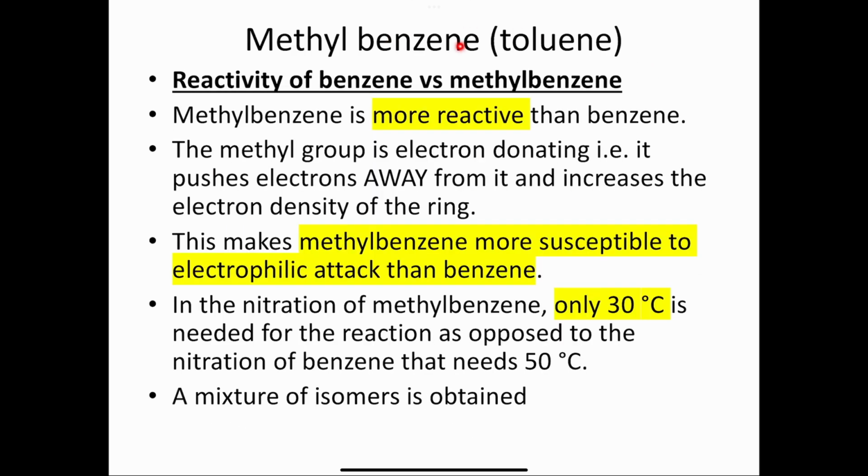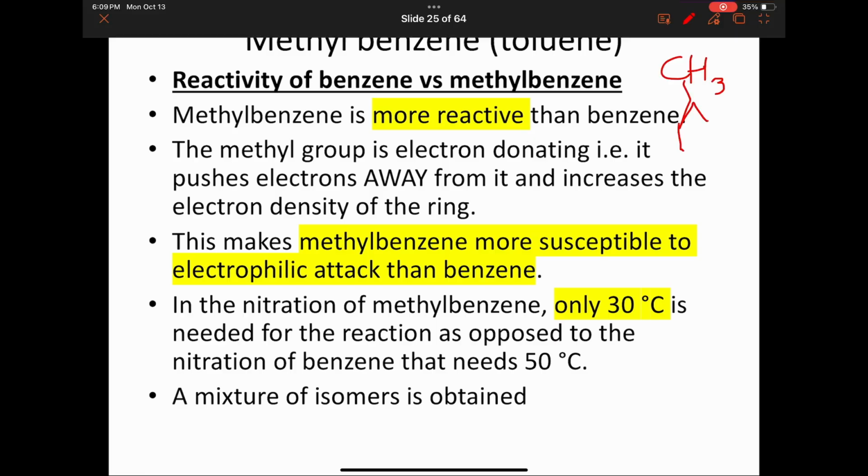So we looked at your reactions of your benzene. We looked at your methyl benzene, which is also known as your toluene. It's important to note that your methyl benzene is more reactive than your benzene ring, and this has to do with your methyl group. So this methyl group here is electron donating, or electron pushing.